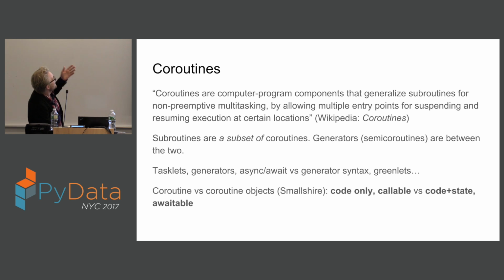So when we think about a function or a subroutine, we go in and we go out. We've got an entry point, we call it, and then it returns a result. Coroutines can do that, but they allow multiple entry points and re-entry points for suspending and resuming execution for non-preemptive multitasking.